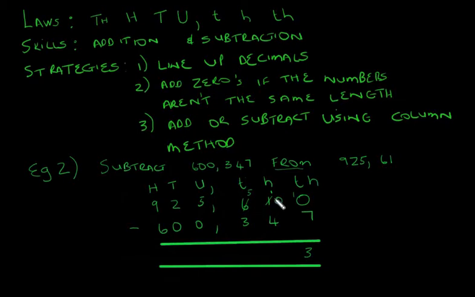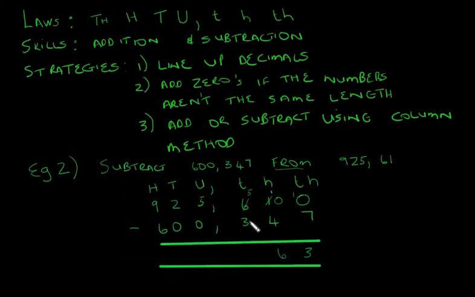And what are we left with here? We borrowed the 1, so we were left with a 0. So we had to borrow a 1, making that one 10. And 10 minus 4 is 6.